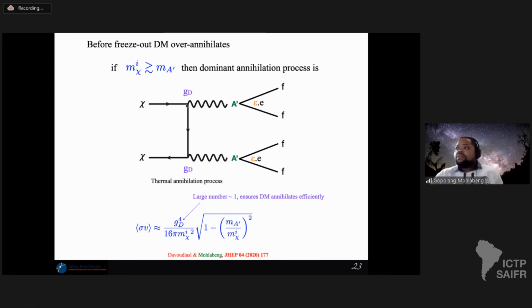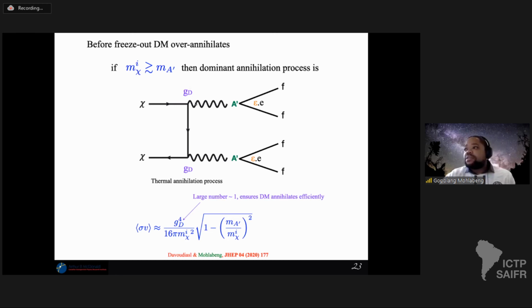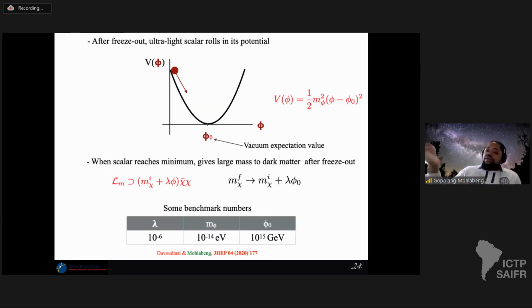In that case, the dominant annihilation process is a secluded annihilation into dark photons that then decay into fermions. If we crank this gauge coupling up, this annihilation cross-section is very large. And so immediately after freeze out, this ultralight scalar starts rolling in its potential, reaches its minimum, and sources this large mass for the dark matter.